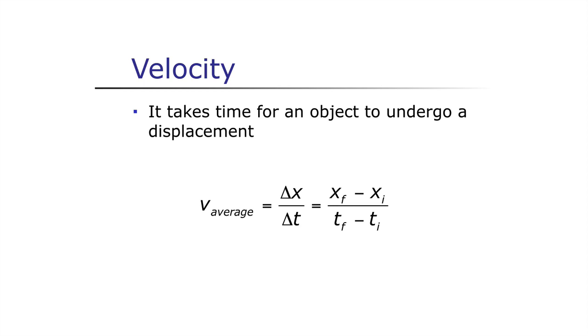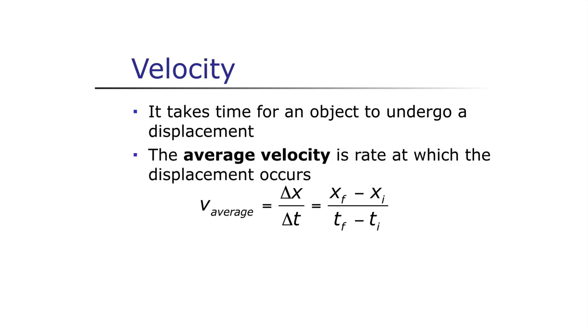In other words, displacement divided by time gives you velocity. As we defined earlier, displacement is equivalent to final position minus the initial position. That means all that matters is the straight line that connects the initial and the final location of the object. So the average velocity is the rate at which displacement occurs.